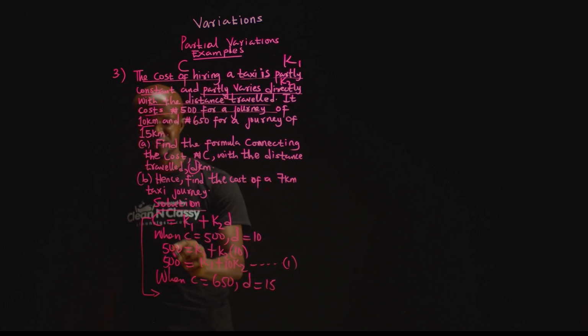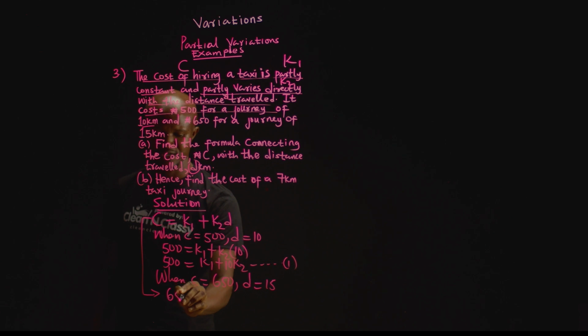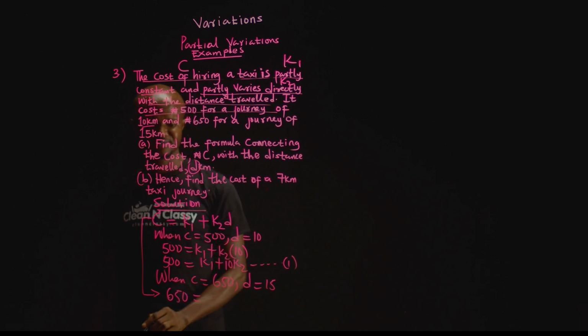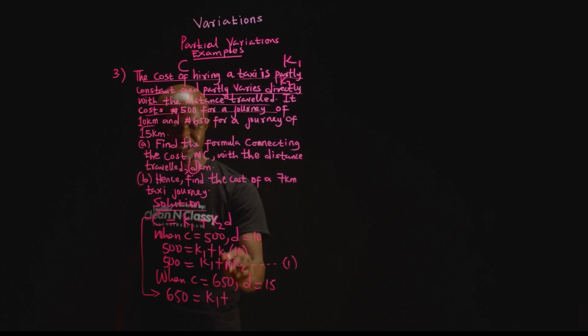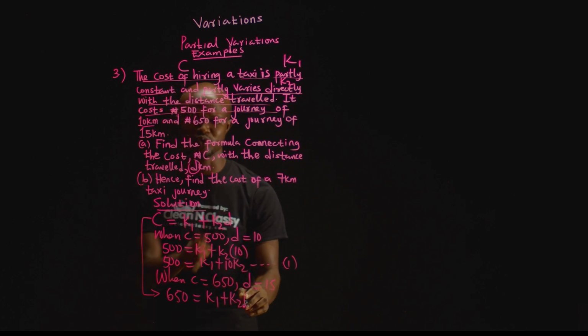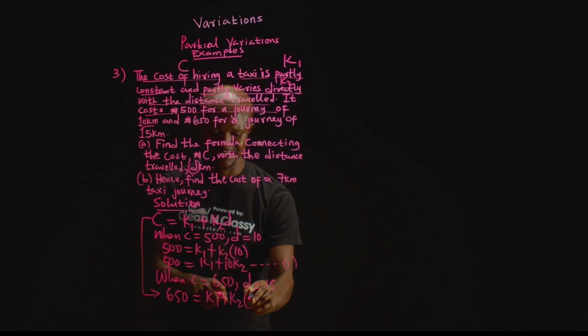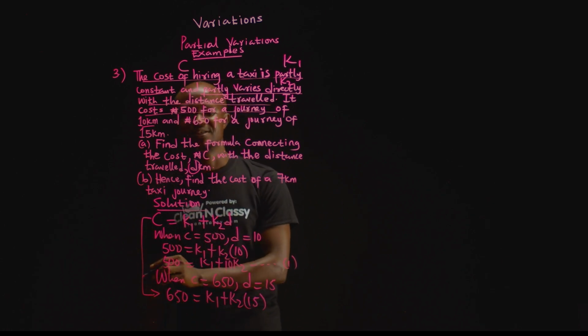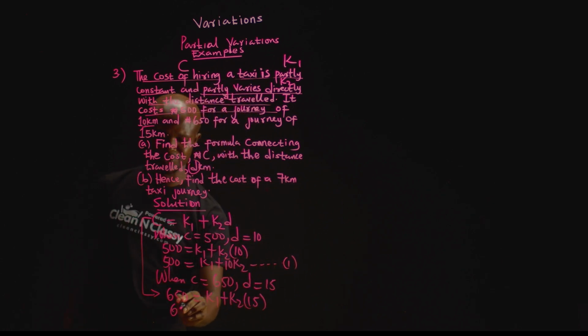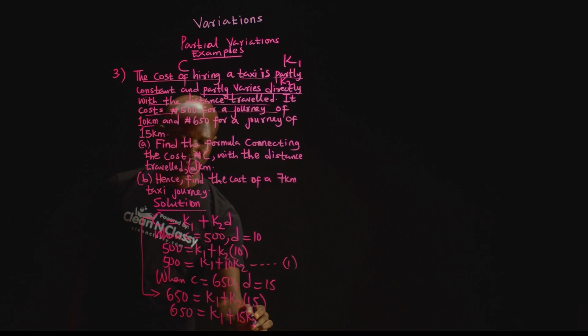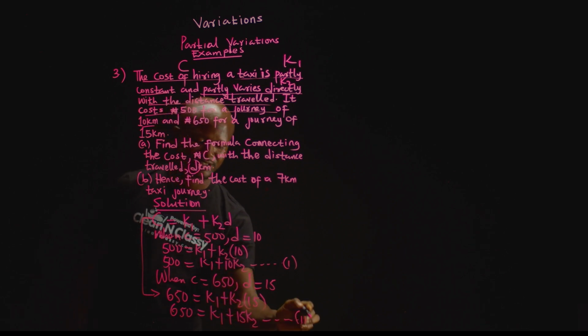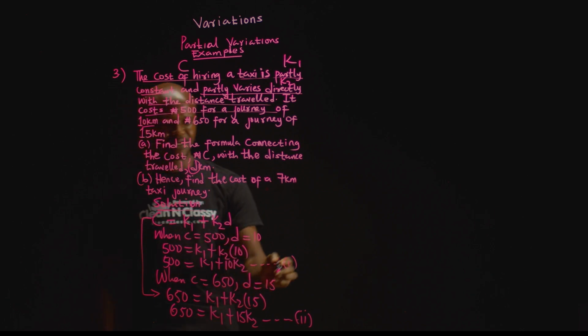Then we substitute. Anywhere we see C, we put 650. Then K1 plus K2 into what? D is 15. So we have 650 equals K1 plus 15K2. That's the second equation.